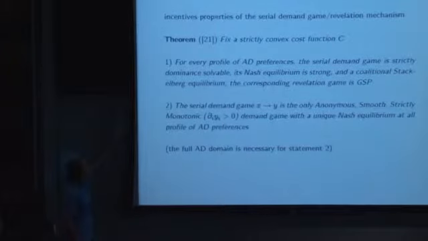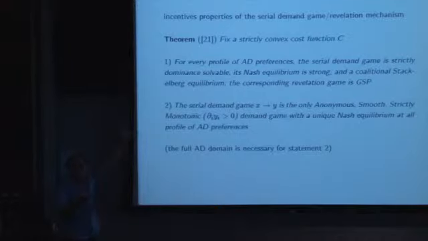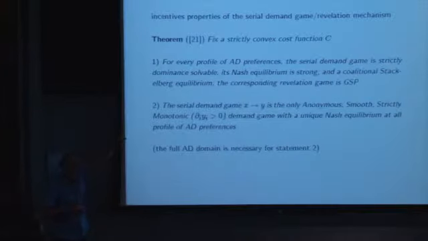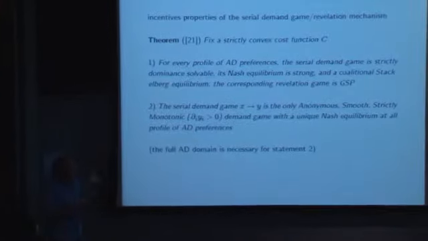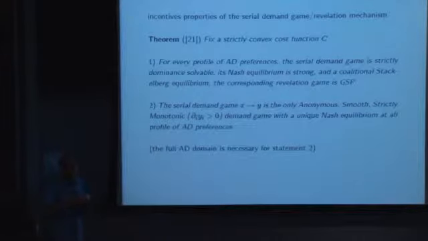For every preference profile, here I was using in the discussion the quasi-linear context, but you can do much more general. You don't have to assume preferences to be quasi-linear. You can assume Arrow-Debreu preferences, monotonic, convex, and that works, because the serial demand game is going to be strictly dominant solvable, exactly the same property.